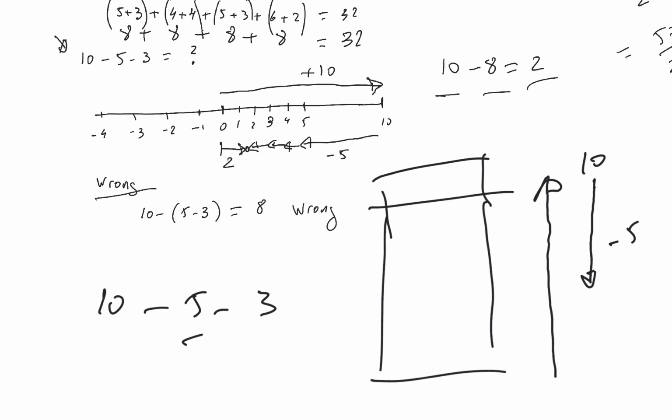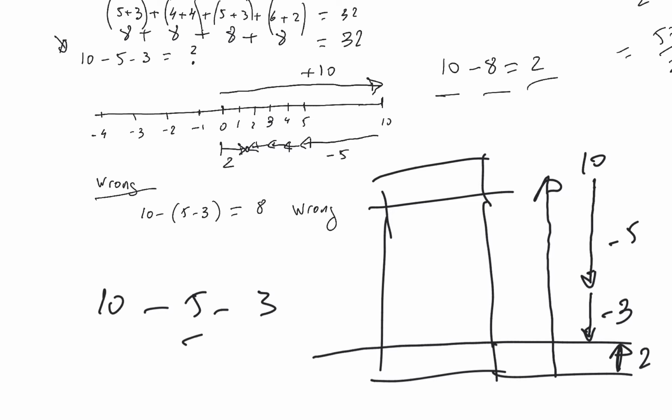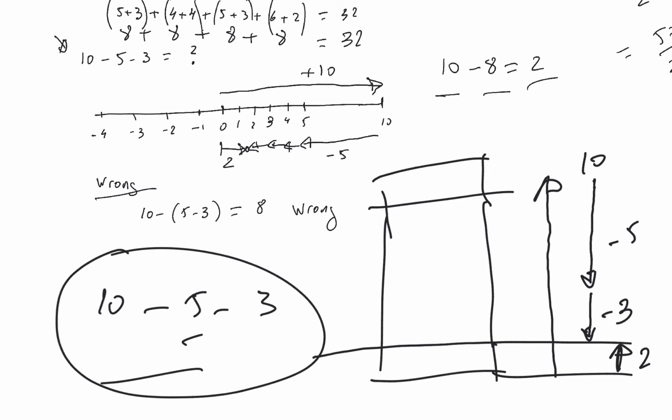And you go down minus 3 floors. And the question is, on which floor are you? You are on the 2nd floor. So this is the correct way to see this operation. 10 minus 5 minus 3, go 10 up, go down 5, go down 3, and what remains is 2.